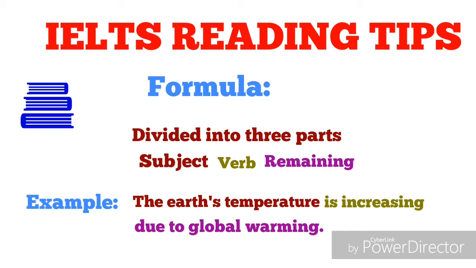The formula is to divide the statement given in the question paper into three parts. How? The three parts of the question can be: firstly, the statement part, secondly, the verbal part, and thirdly, the remaining part.